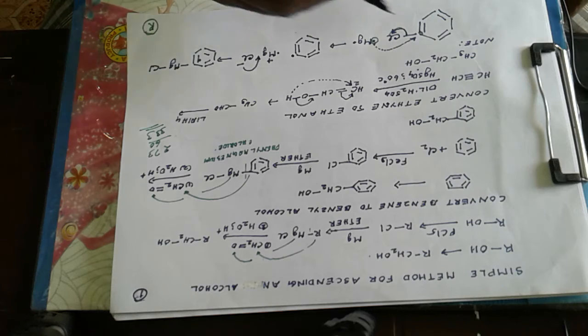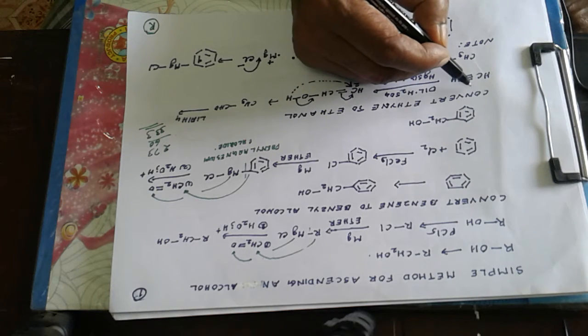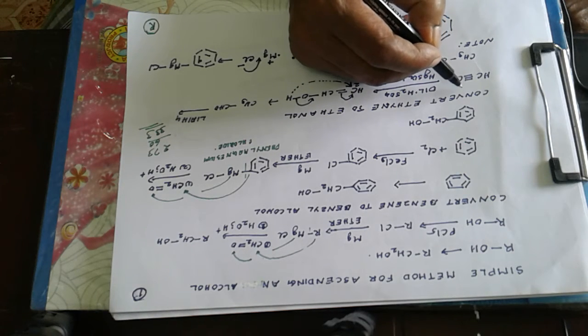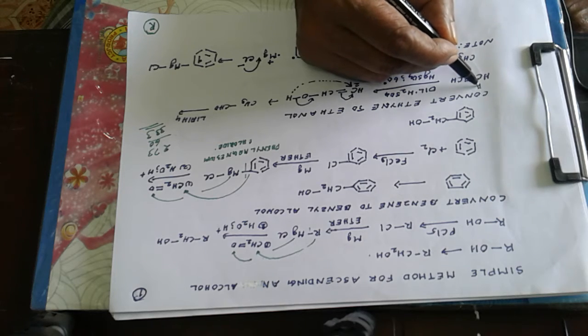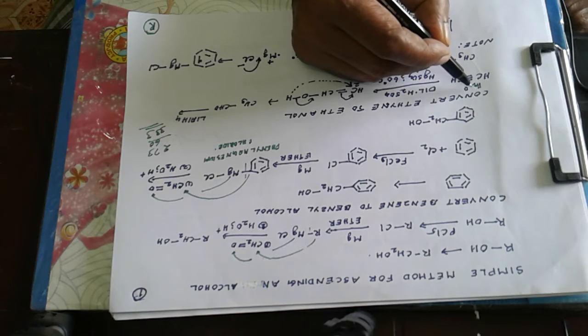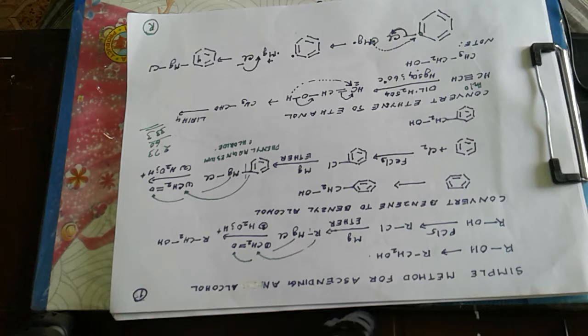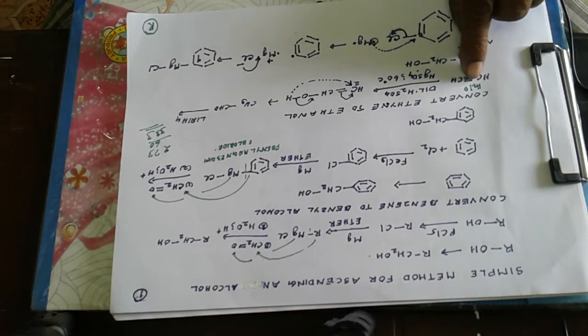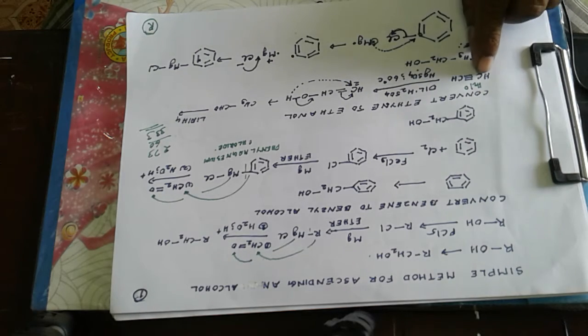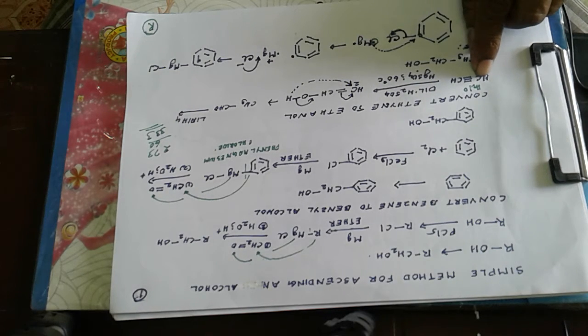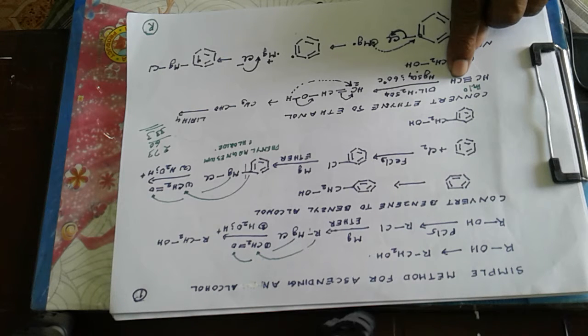A molecule of water adds to this, and here we can say H2O is getting added. So water splits into 2H and 1O. So the two pi bonds here break. This carbon possesses two valencies and this carbon possesses two valencies.